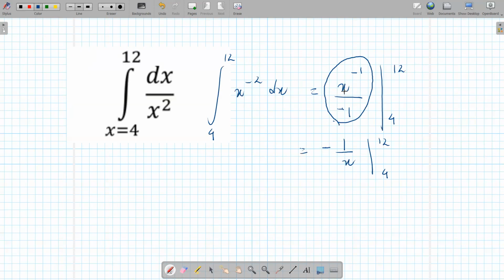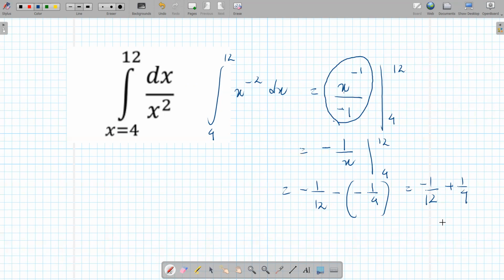And you see this x to the -1? Toss it in the denominator, it becomes x to the power 1, like that. Next, we're going to plug in the upper bound, so 1 over 12 minus, then whenever you have a negative sign, put a bracket there, 1 over 4, like that. So you get -1 over 12 plus 1 over 4.